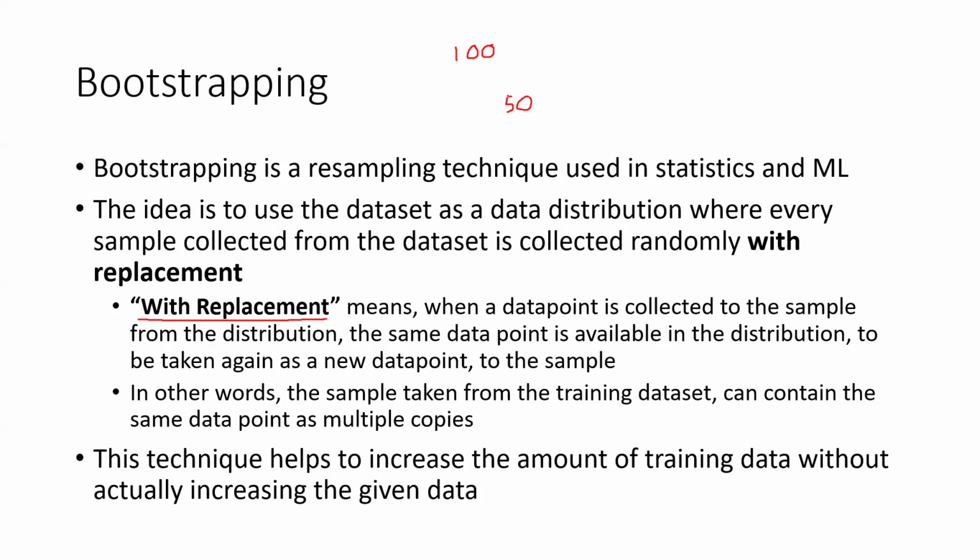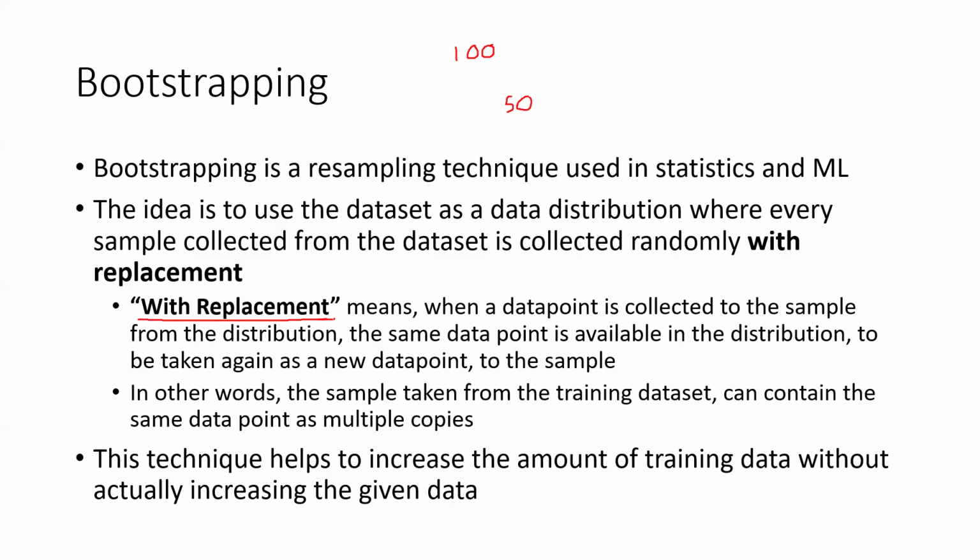You take 50 samples from the original data set, not by simply taking these data points and keeping them, but by putting each one back into the original data set. This is known as sampling with replacement, right?